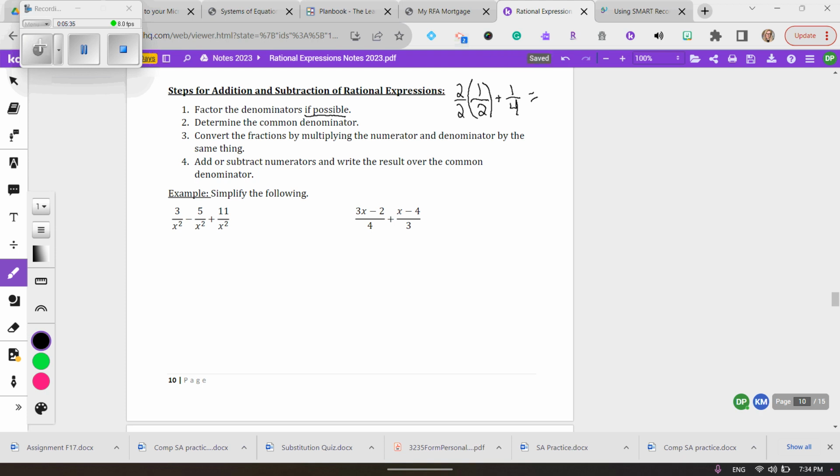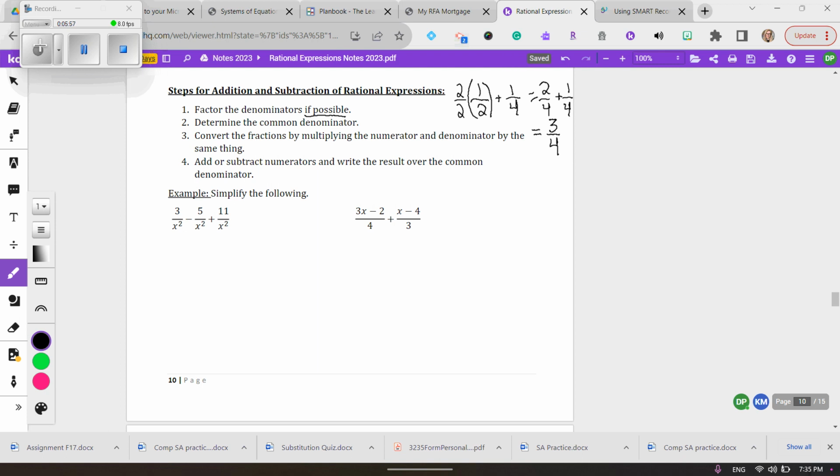That would give me 2 over 4. We notice that 1 over 2 is equivalent to 2 over 4. So 2 over 4 plus 1 over 4. Now that I have my denominators the same, I add my numerators and I leave the denominator the same. So it becomes 3 over 4.